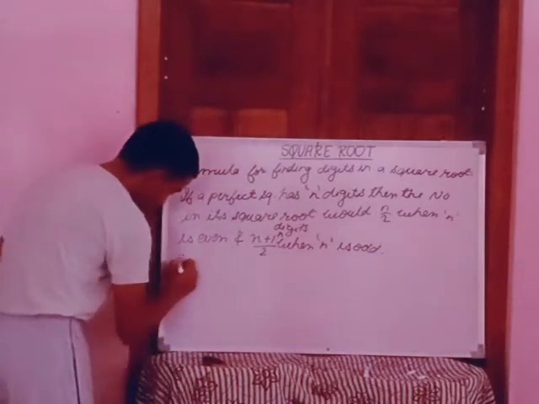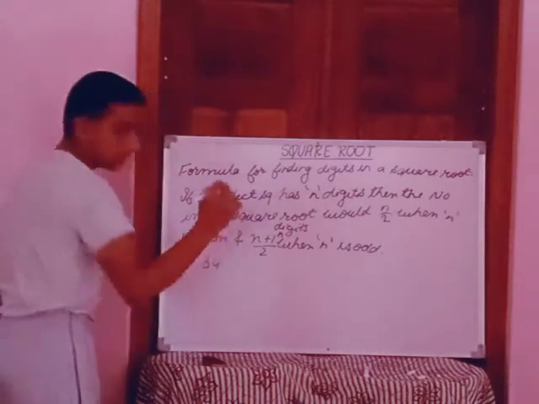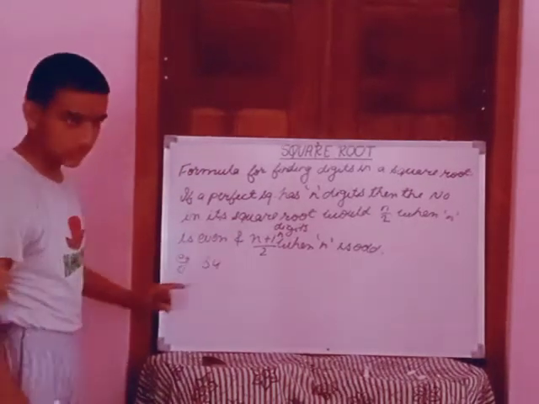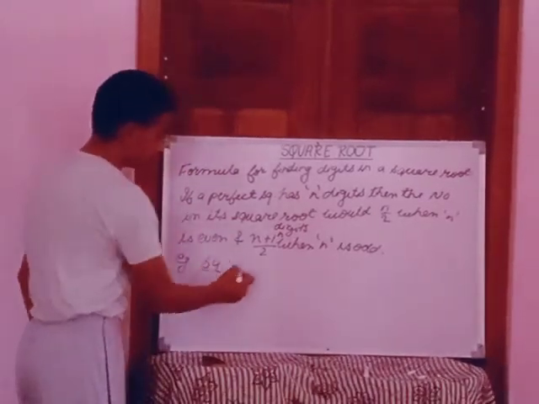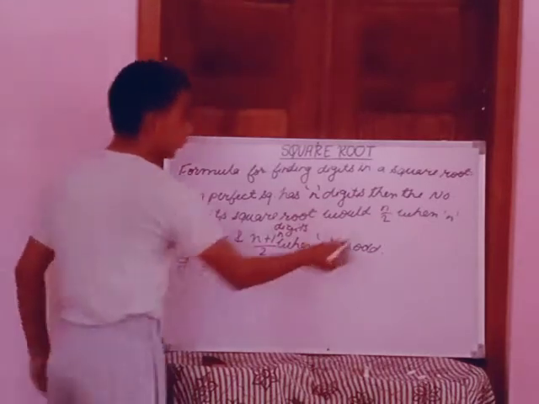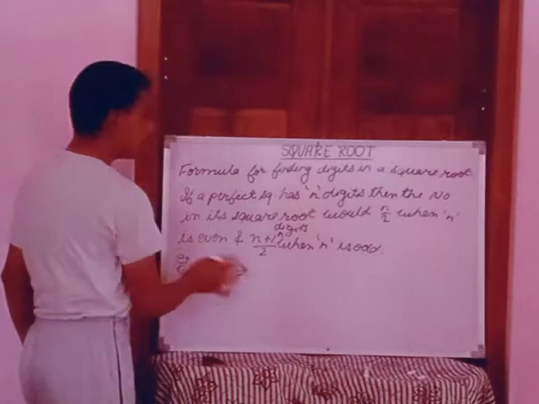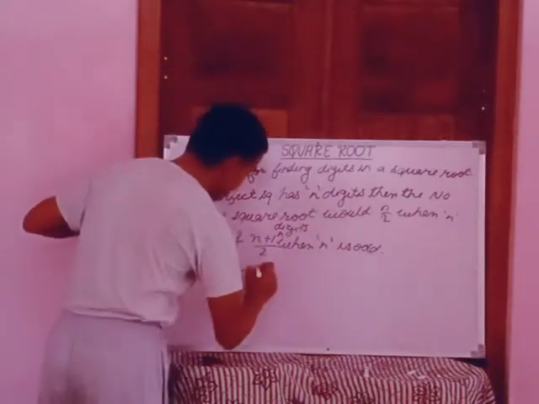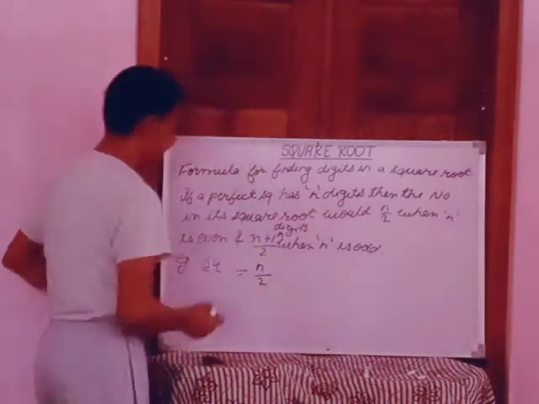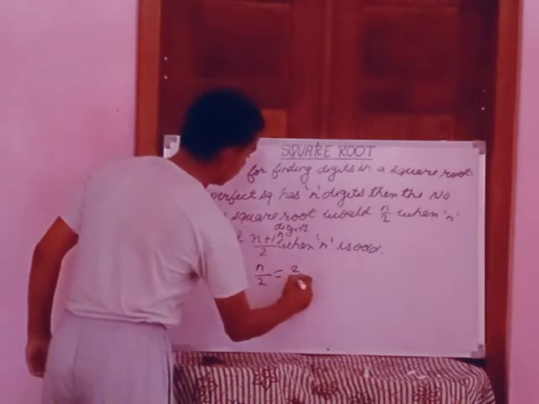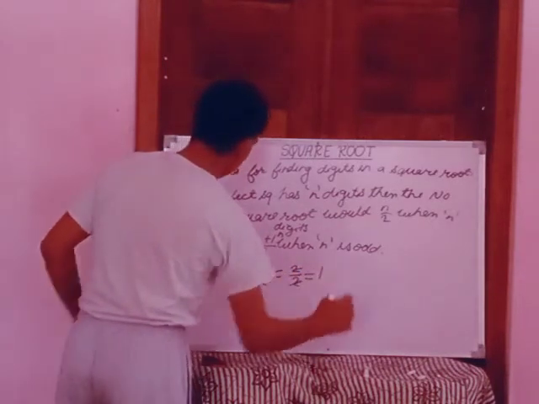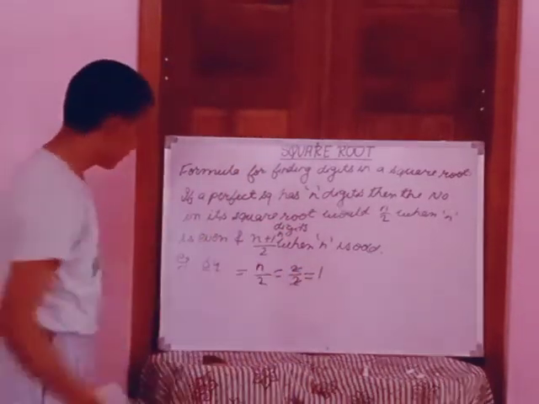Like 64 is a perfect square number. It has 2 digits, which is an even number. So our n is even here. So I told you that when n is even, then to find the digits we apply this formula. So n is 2, so its square root would have 1 digit.